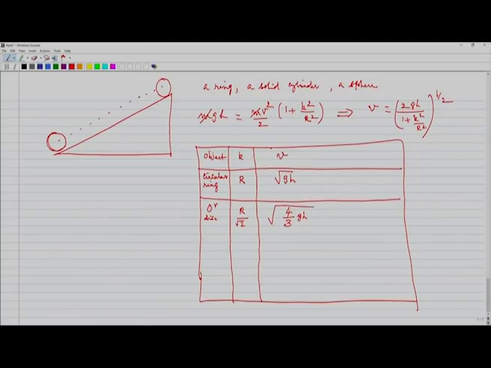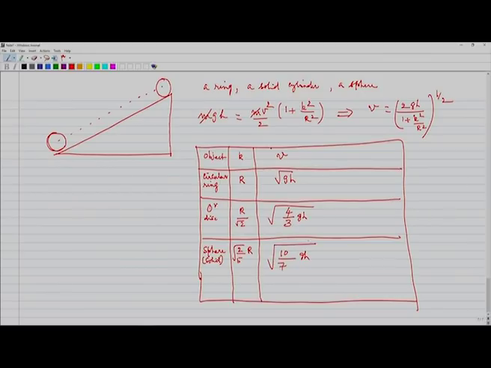It has a higher value than the ring. Next we have a solid sphere. The radius of gyration is the square root of 2 by 5 times r. Then it will be 10 by 7 gh.